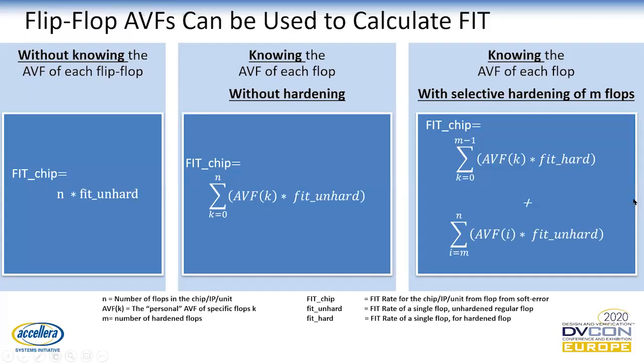So this second term is also going to be low. So overall, you're going to lower the fit rate of the chip by hardening and also calculating the AVF. So this is a more accurate calculation of the fit rate, and then you can achieve the fit rate requirement by way of selective hardening.